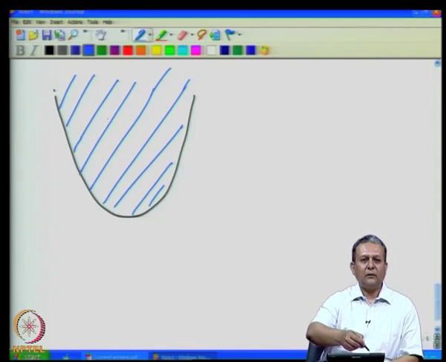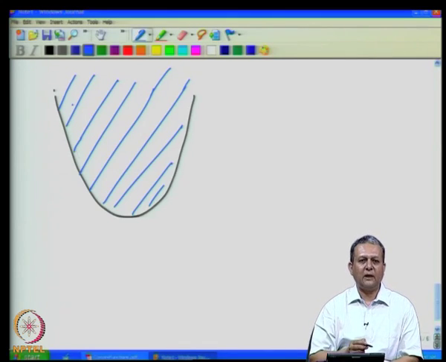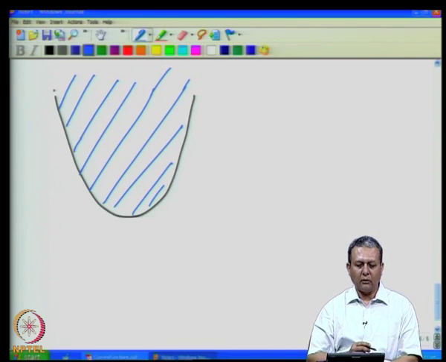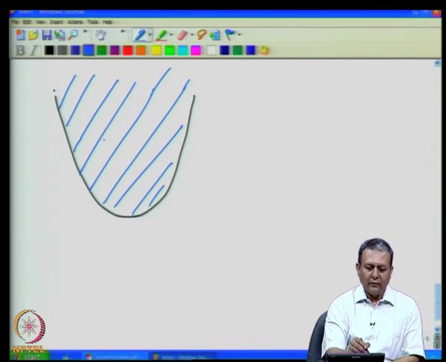So, you will see that this is an unbounded set: all the points (x, y) for which y is greater than or equal to f of x. So, the points on the curve as well as the points above the curve. So, this is called the epigraph of the function f.